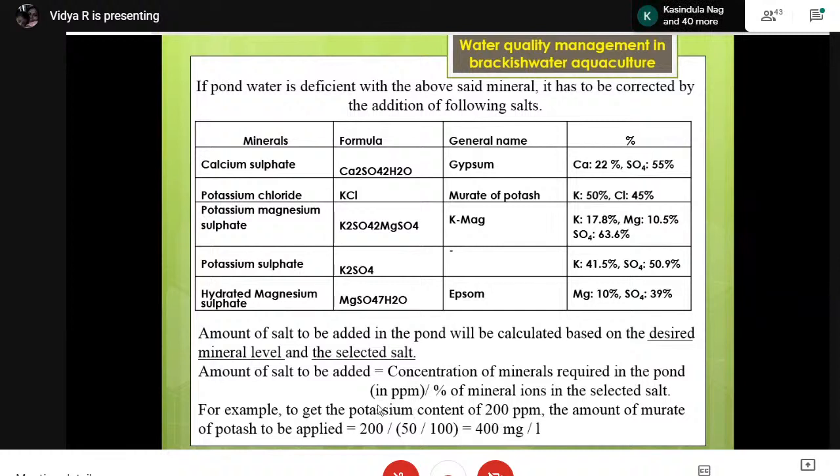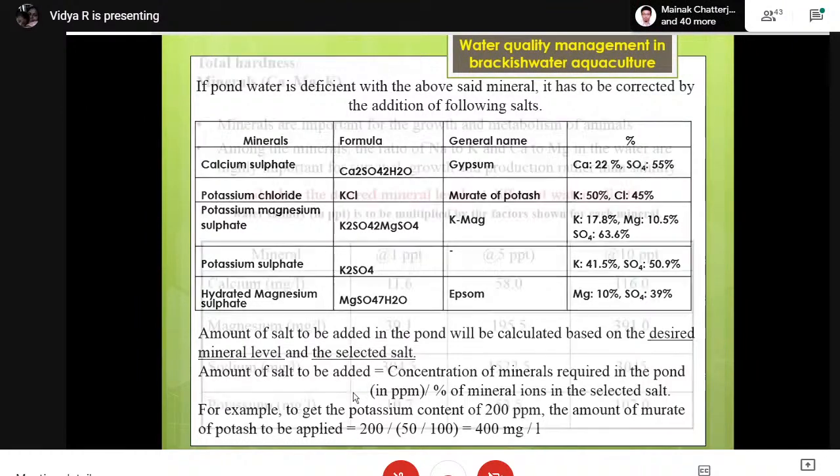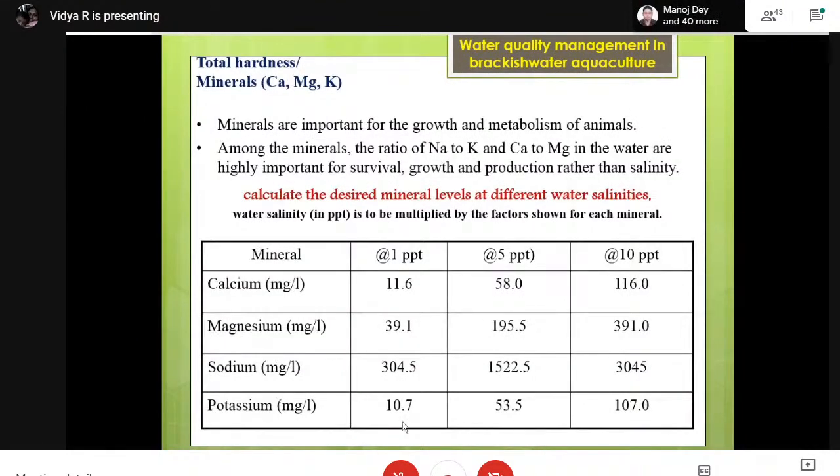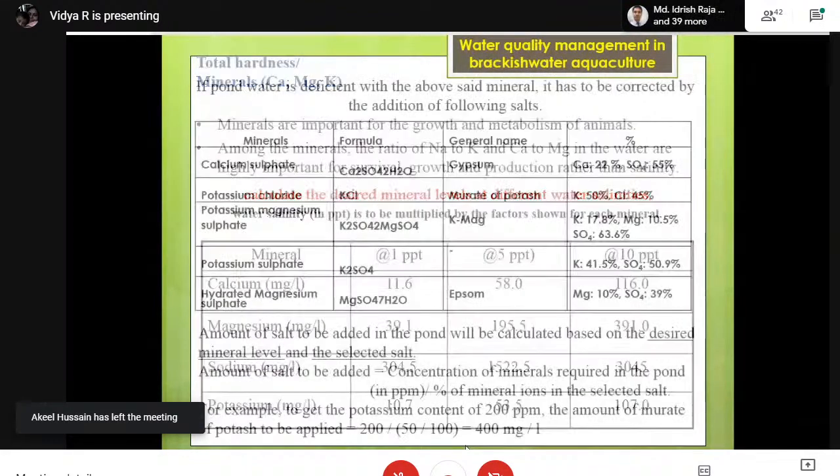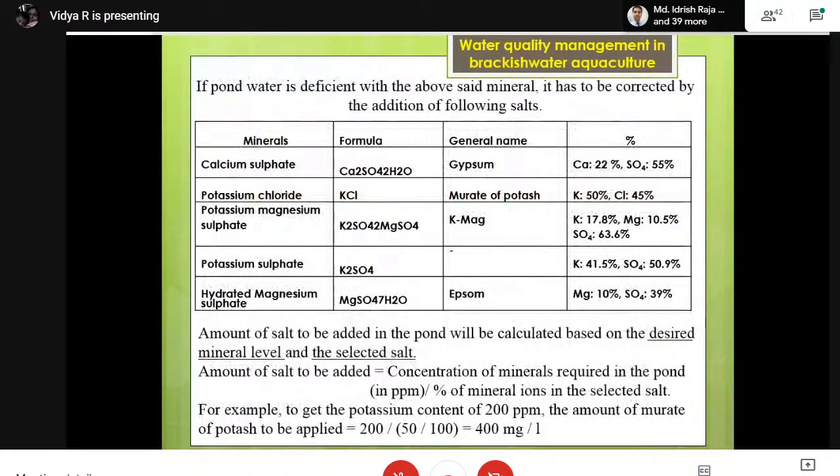In the case of potassium, in the previous one we have seen the potassium requirement, and from that we have to calculate which ppt you are in. So take that, and you have to put at 200 ppm. So what you have to select is from these fertilizers, potassium chloride, that is muriate of potash, containing 50% potassium.